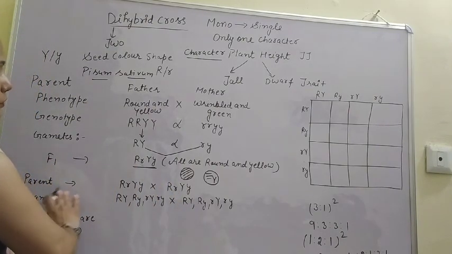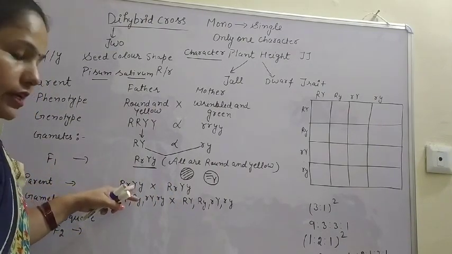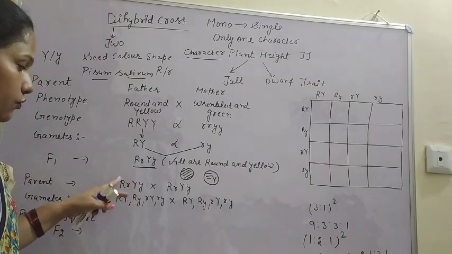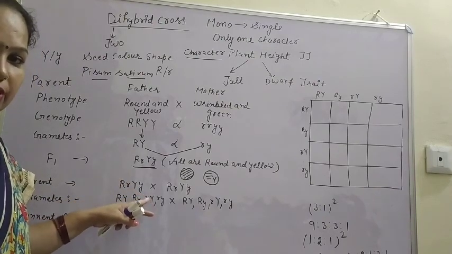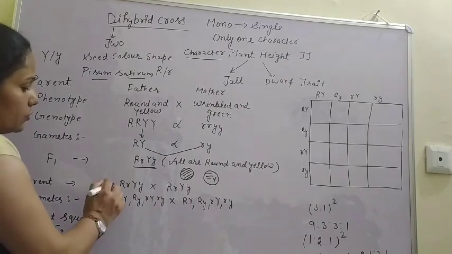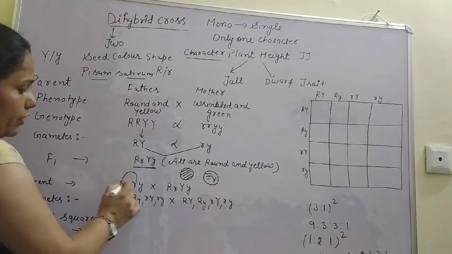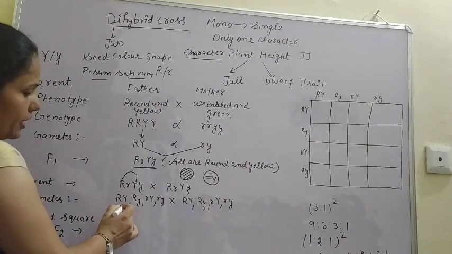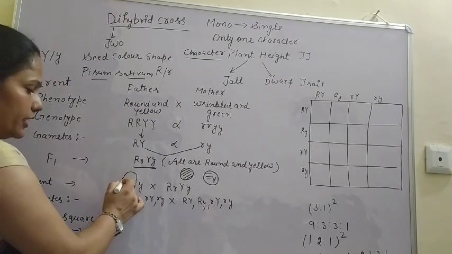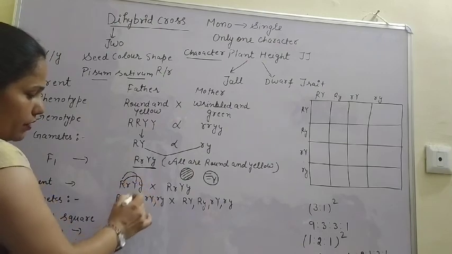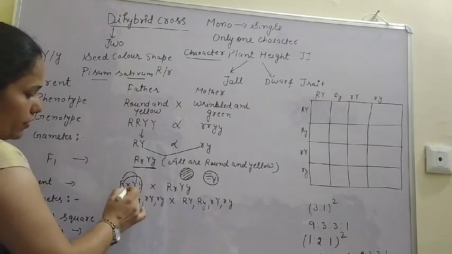So the gametes. Now, how can you make the gametes? There are four types of gametes formed here. Firstly, you can choose capital R and capital Y, so I am writing capital R, capital Y. Then again you can take capital R and small y, so capital R, small y.